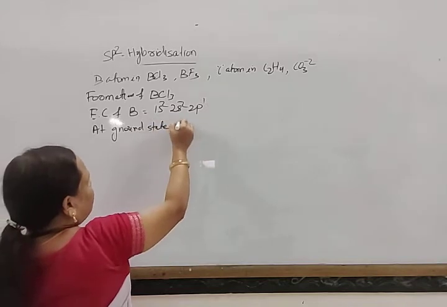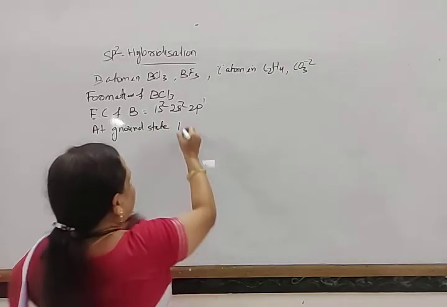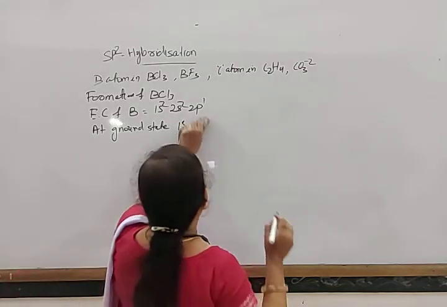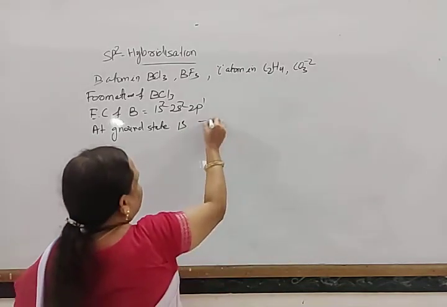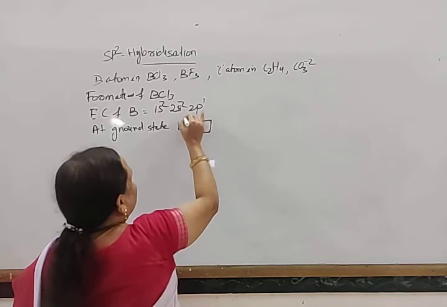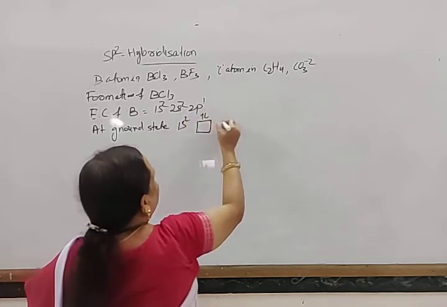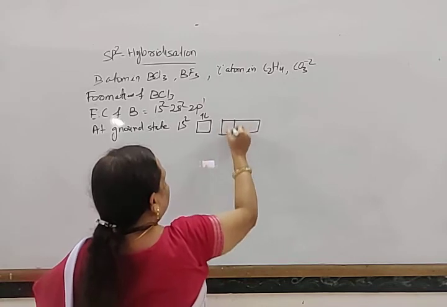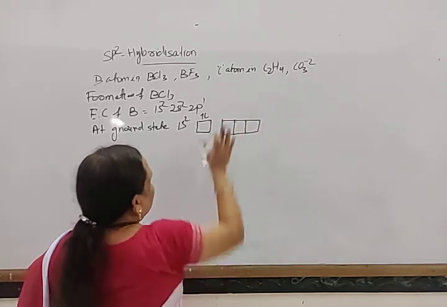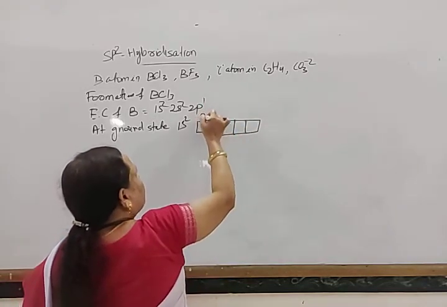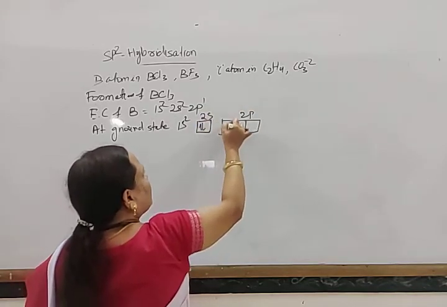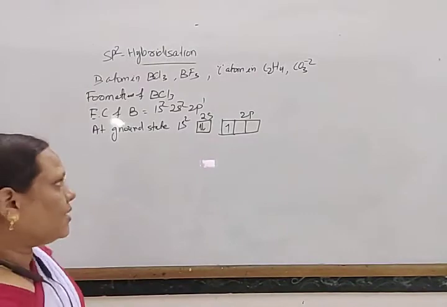When we represent 1s, 2s and 2p, for the valence shell I am just writing the box diagram. This is 1s2, this is 2s and 2p. So in 2s there are 2 electrons, in 2p 1 electron.